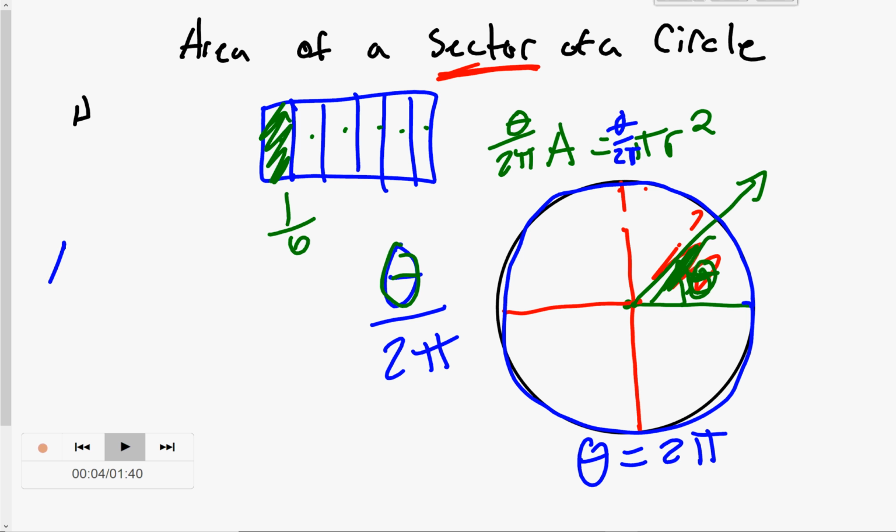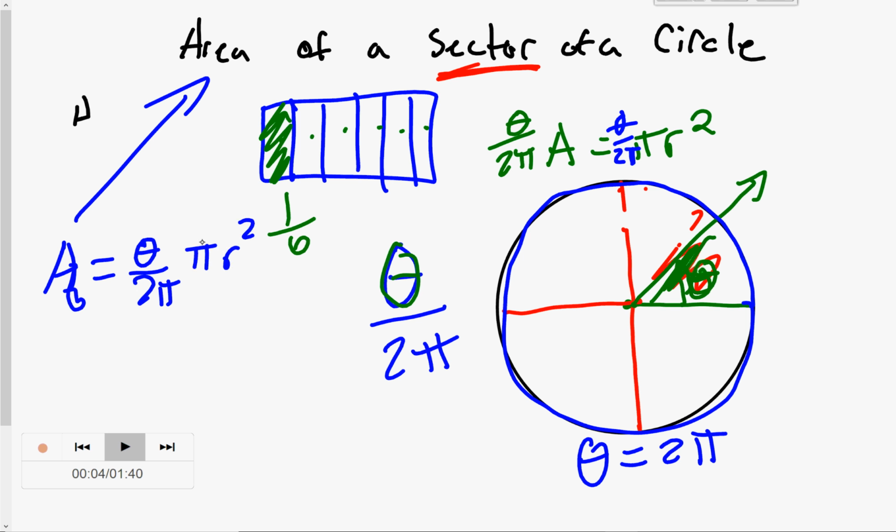So then to find the area of a sector, and in the book it's written with a fancy little script A like that, that's the area of a sector of a circle, is theta over 2 pi times pi r squared.